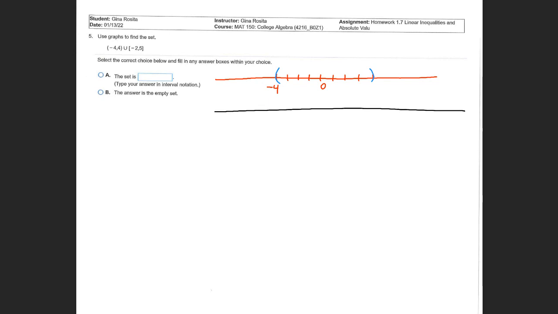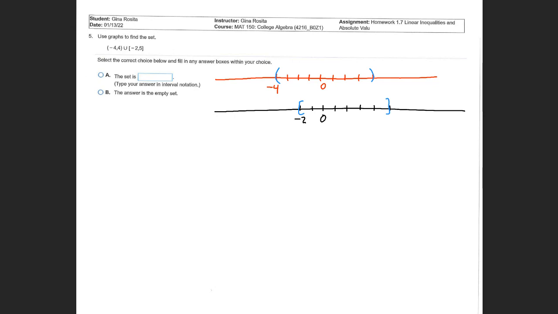Make a line again. This is 0, the same 0. So -2 to 5. This is -1, -2. This is -2, and it's closed. Next, 1, 2, 3, 4, and 5 is closed.